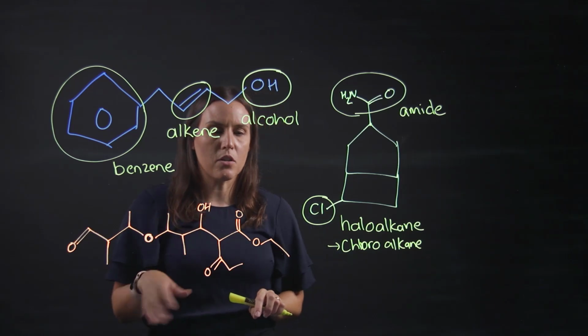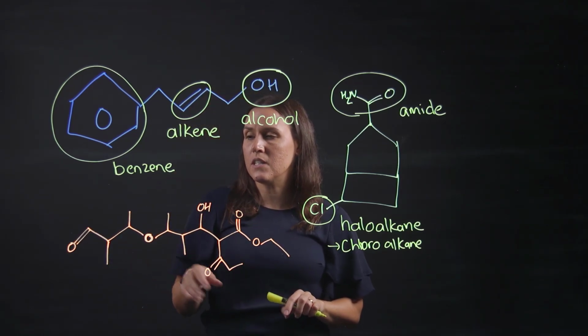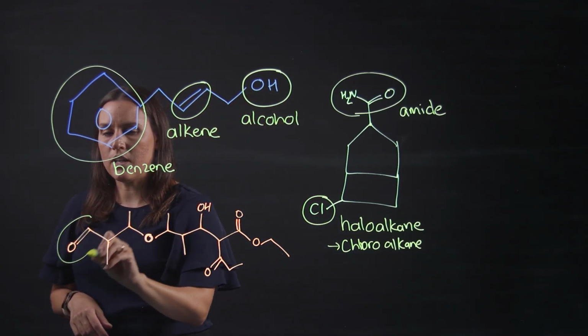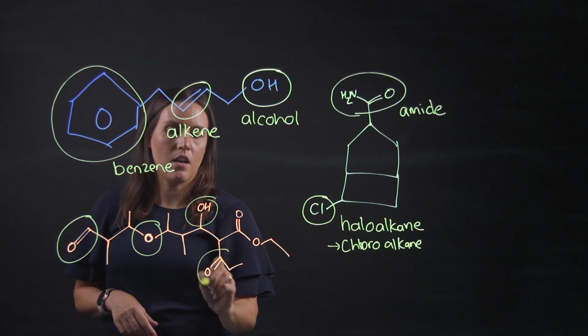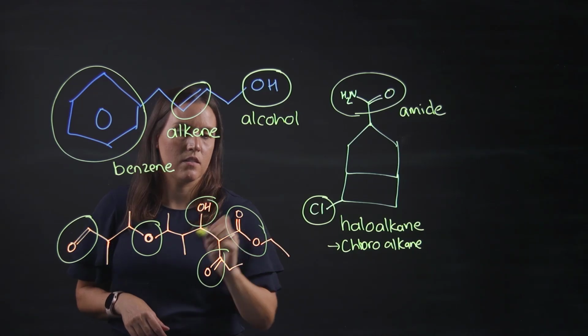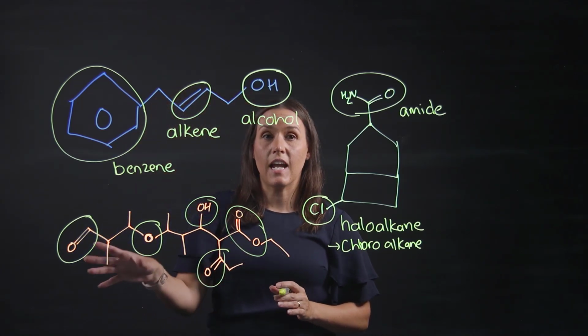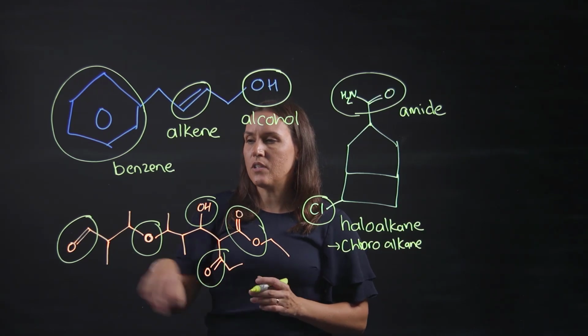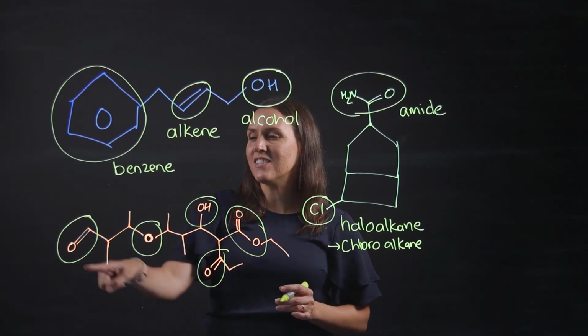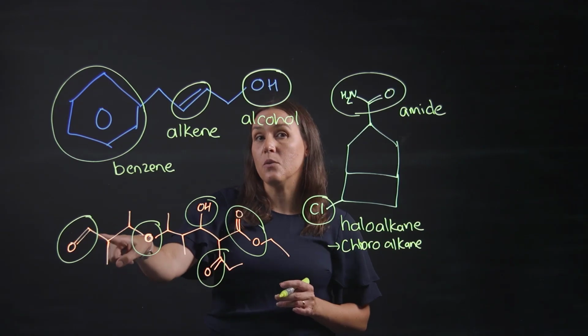So moving to this bottom one here, there's quite a lot of functional groups in here. So we've got one here, here, here, here, and here. So they're all oxygen containing functional groups, so they stick out quite easy. So if we start from the end and work our way across, if we look at this one here, this one's a tricky one.